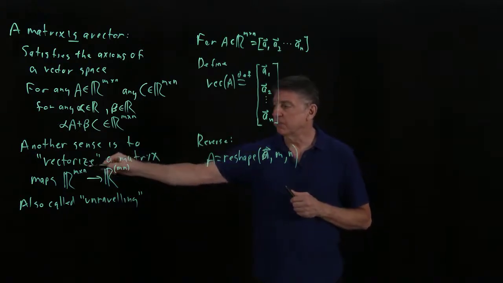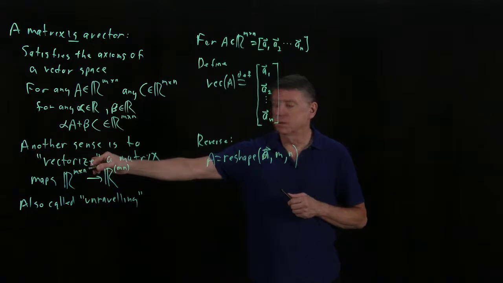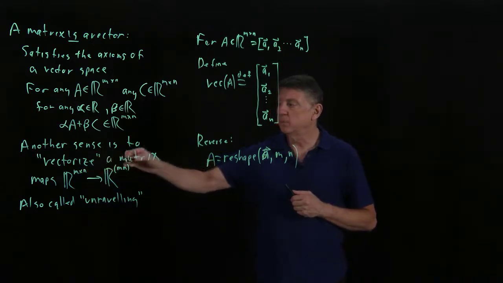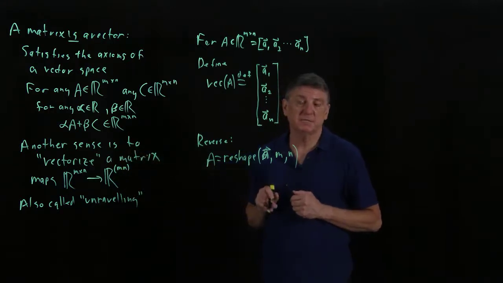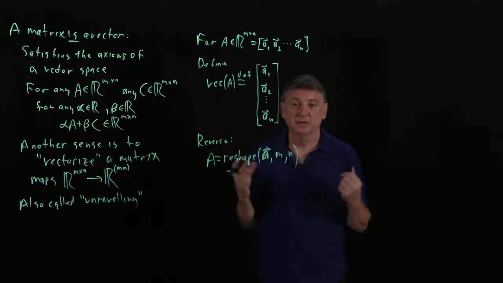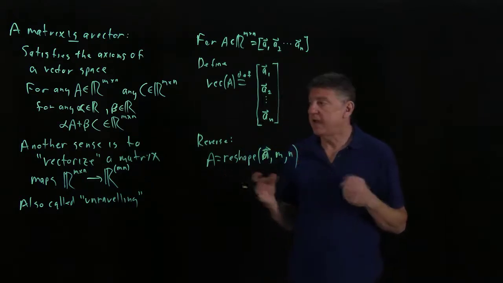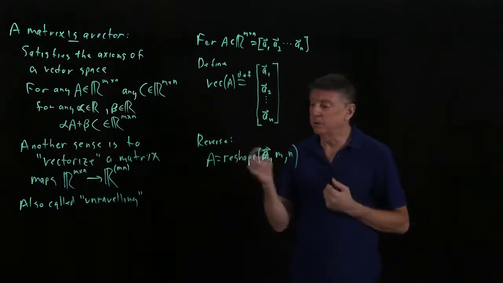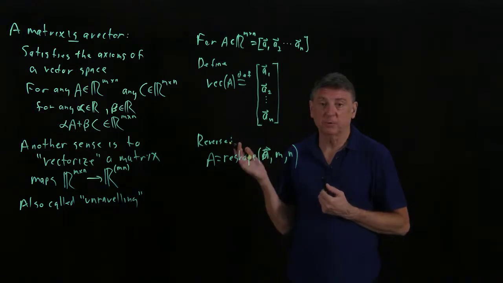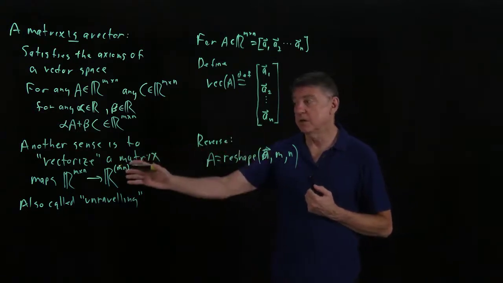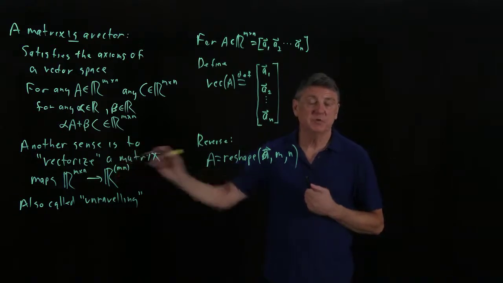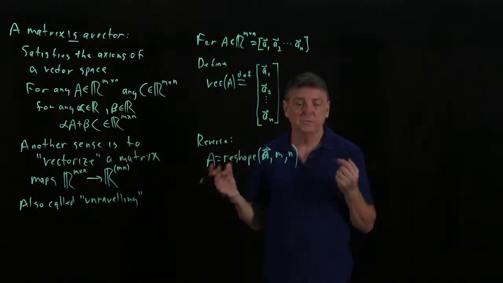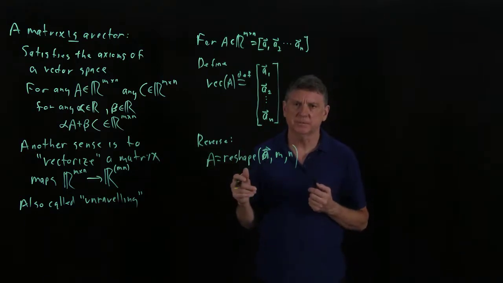For example, if m was 6 and n was 4, there would be 24 entries, but there are many different ways to factor 24 into two numbers. So when given a vector that has 24 entries, we don't necessarily know the original size and shape of the matrix. We know the total number of entries, but not its exact shape.